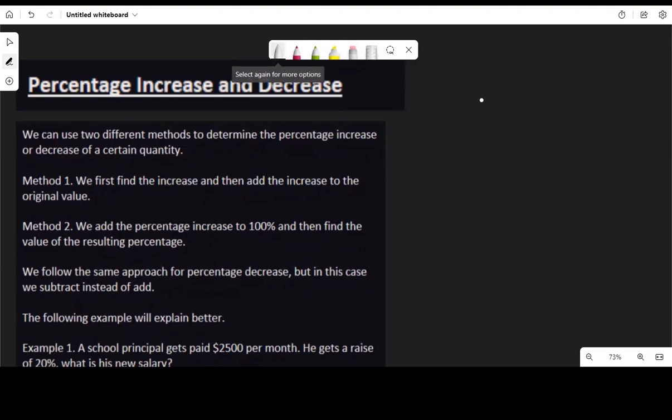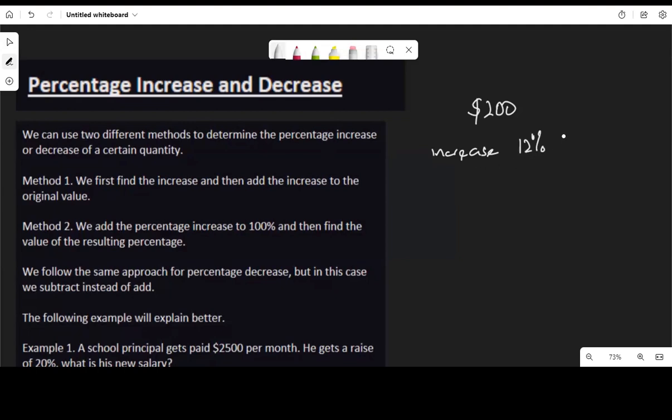If, for example, the price of a commodity is $200 and then the price increases by, let's say, 12%, there are two ways I can get a new price.